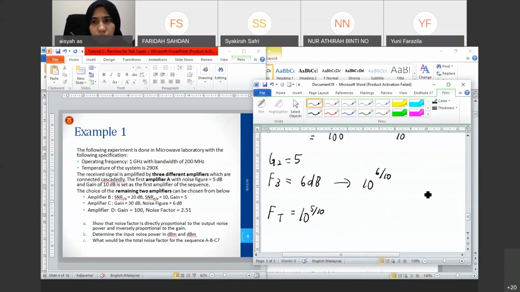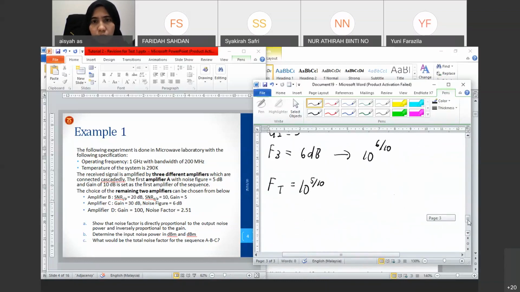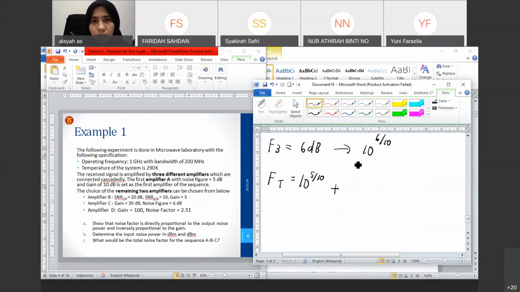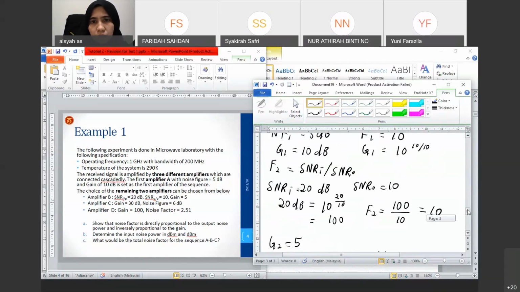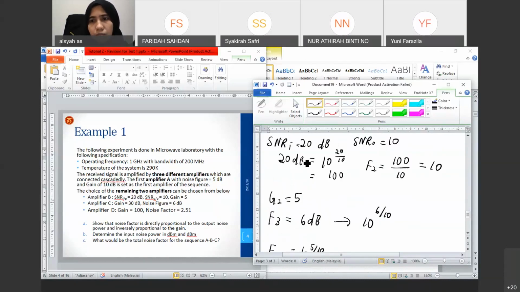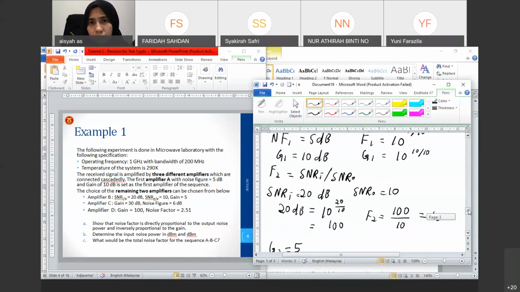And then plus F2. F2 is, okay, 10. 10 minus 1 over G1.